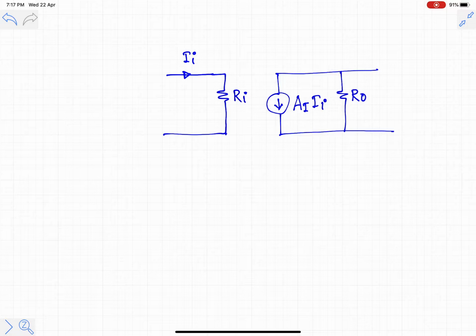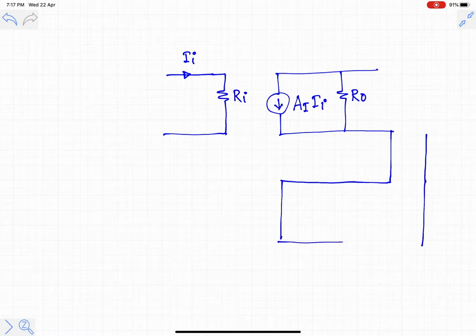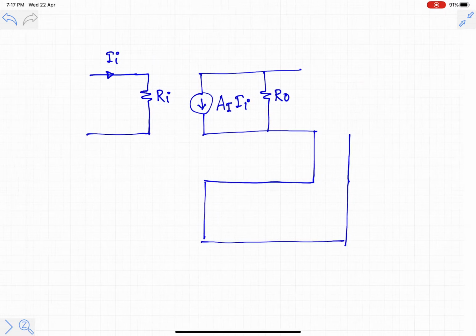Now we have to connect the feedback network. Output quantity of a feed forward amplifier is a current. To sense current, we know that the input side of the feedback network should be placed in series with the output side of the feed forward amplifier.